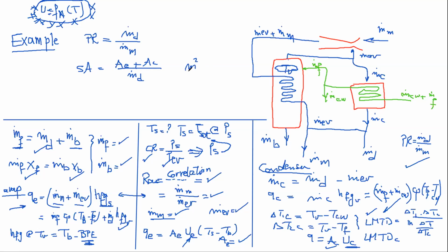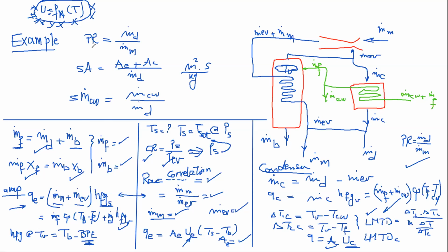This is meter square per kilogram per second. And specific mass flow rate of the cooling water is the mass flow rate of the cooling water needed to produce 1 kilogram per second of distillate, and this has no units, it's dimensionless.